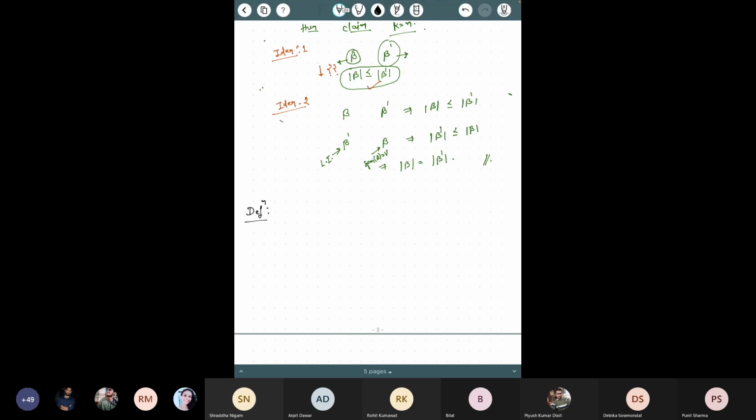So let V be a vector space over F. If V has a finite basis consisting of vectors x1 to xn, let's say, then V is called a finite dimensional vector space.